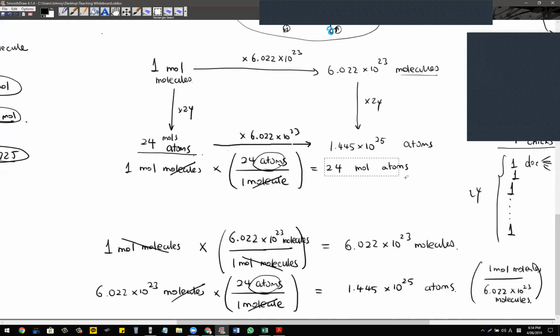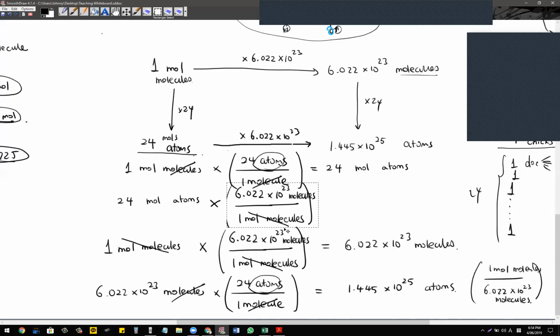And then now we times that by that. Hold on. So we have atoms. Because it's now in atoms, we have to actually change this to this one. 1 mole of molecules is that many molecules.